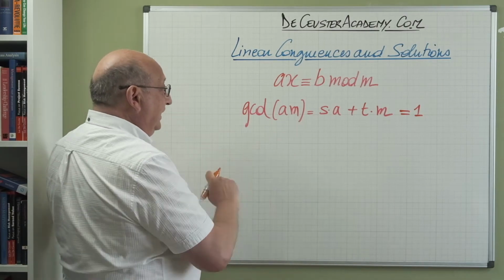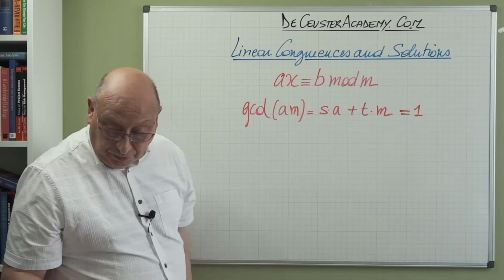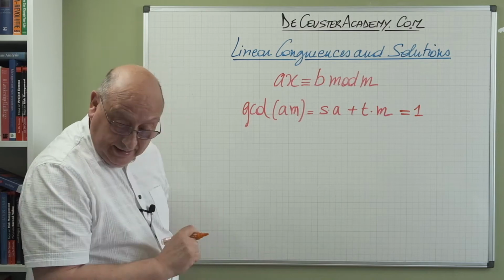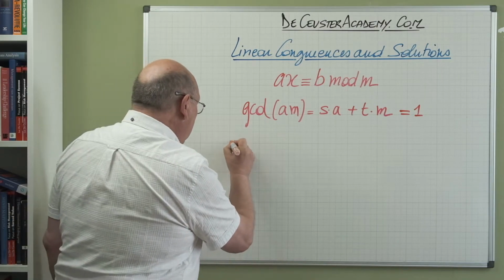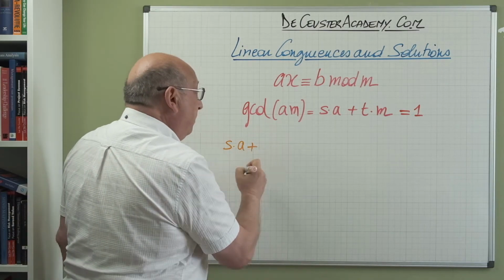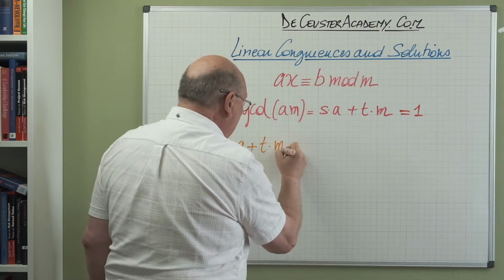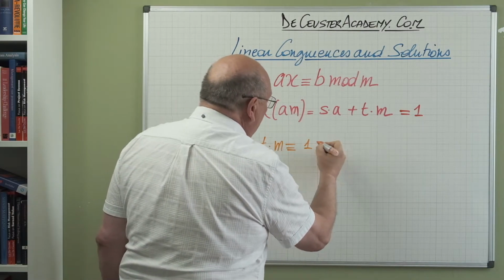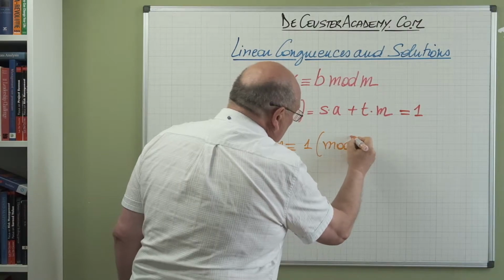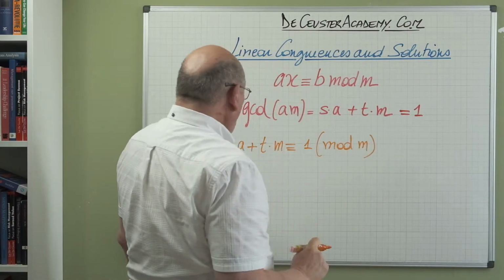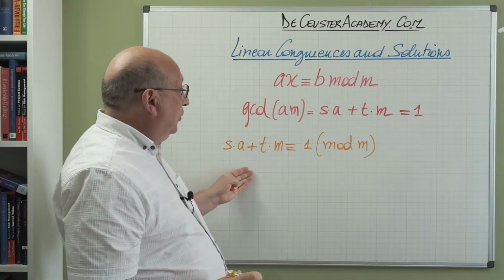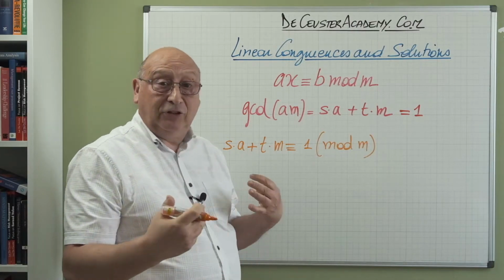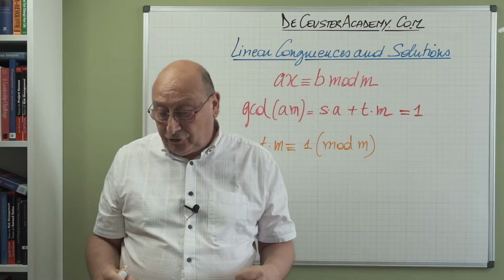So we replace this in the expression, so we can say that S times A plus T times M is congruent with 1 modulus M. So basically that's the relationship that we have when we have the modular inverse.